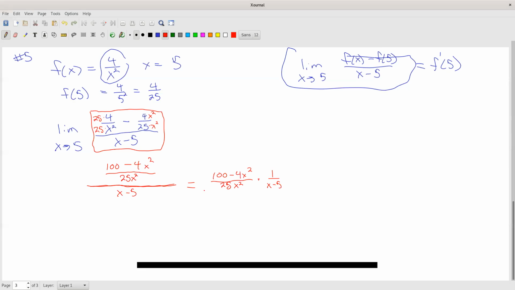And nothing cancels at first, but I do notice that this thing right here should factor, because it's the difference of two squares, right? 100 is a perfect square, 4x squared is a perfect square. So I get 100 is 10 times 10.